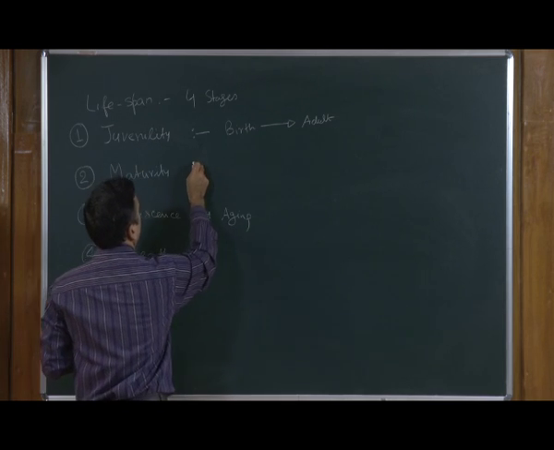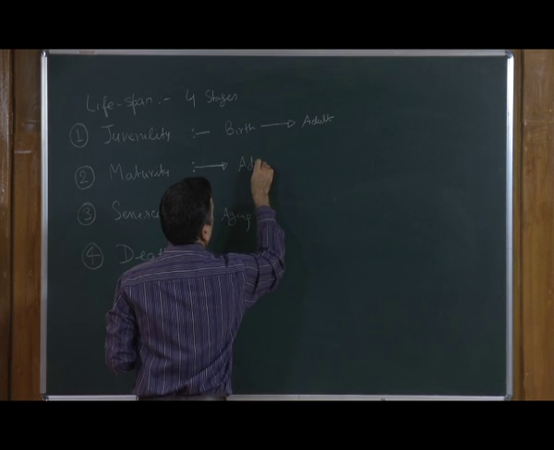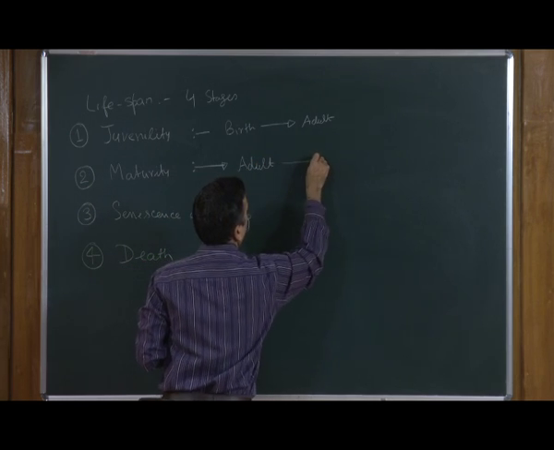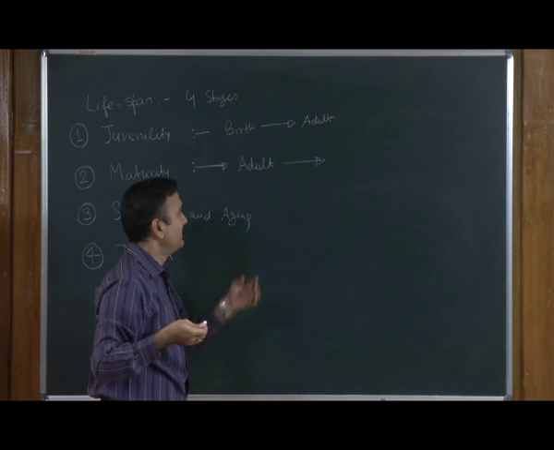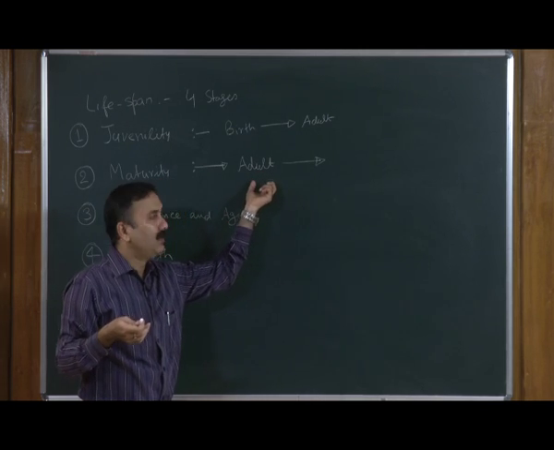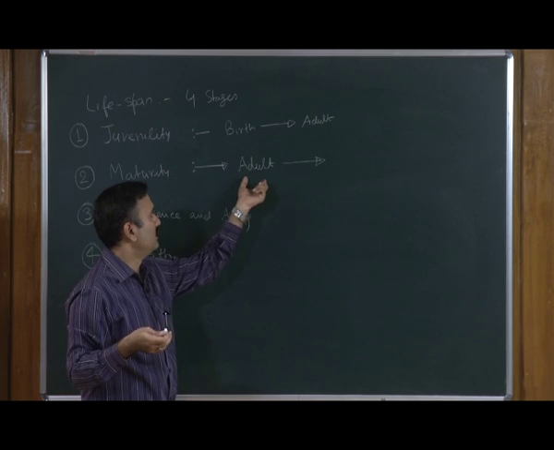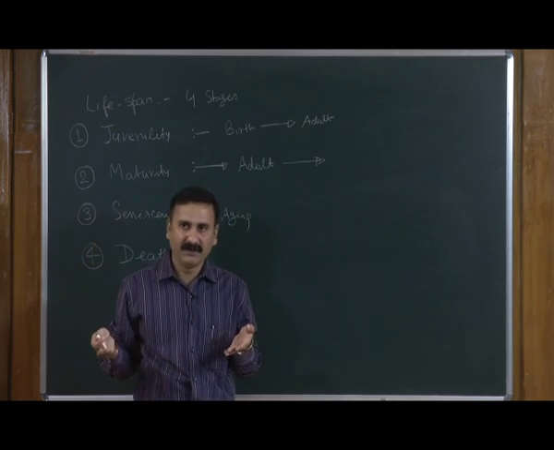Then you have maturity, which starts from the adult stage, and during this stage the organism increases its number using different types of reproductive processes.